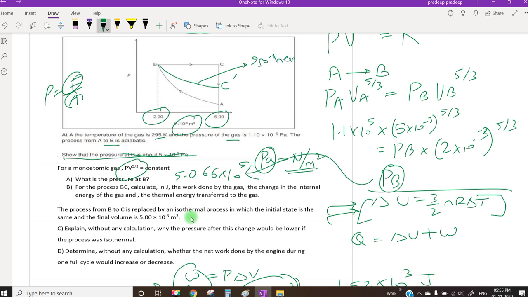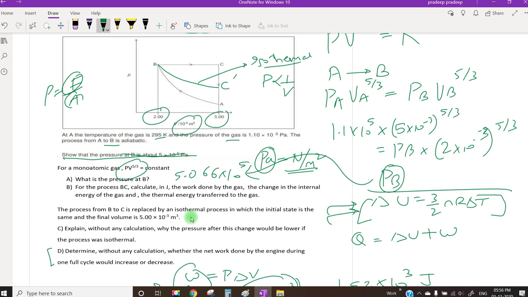So now Somil, can you tell me, is the area increasing or decreasing? They have said the pressure after this change would be lower. If it is lower, then wouldn't C have to be below A? Okay, let's check. B to C is the isothermal, and in isothermal we know that pressure is inversely proportional to volume, isn't it, Somil? Sir, I think he's getting confused.